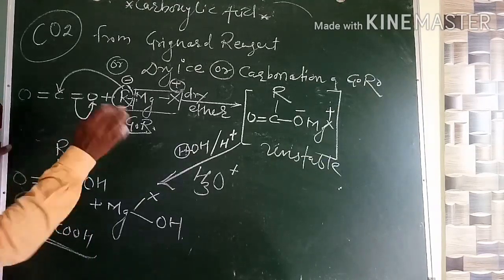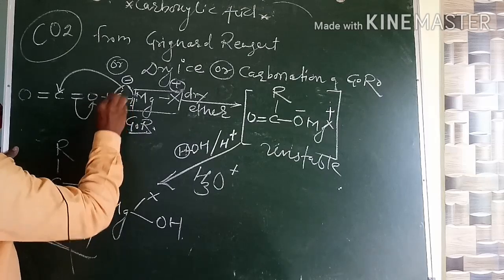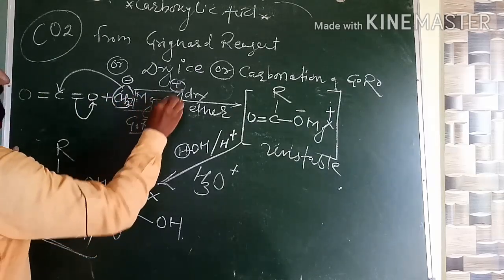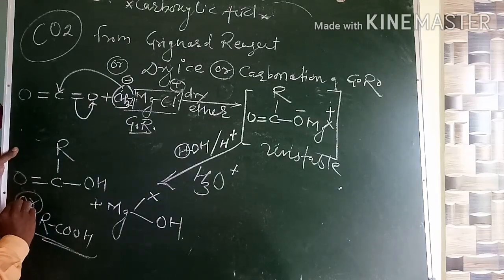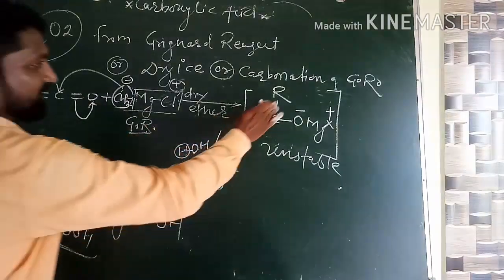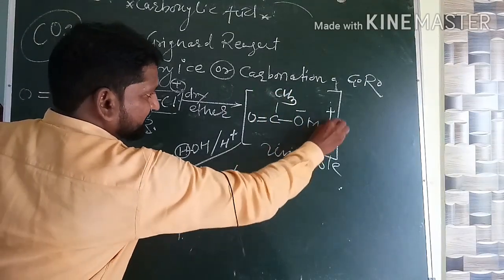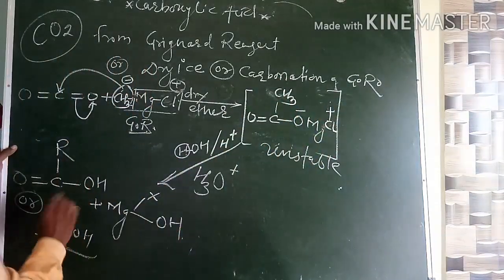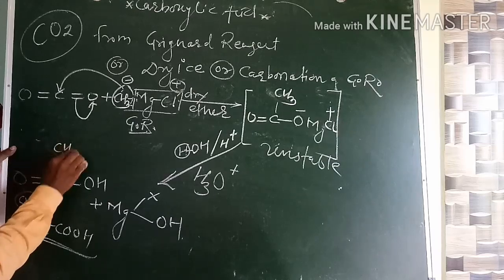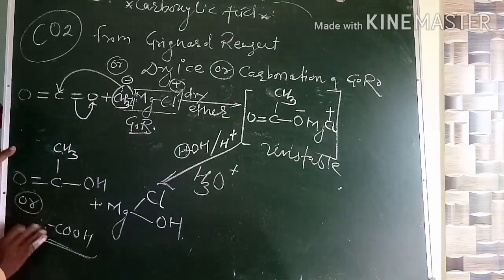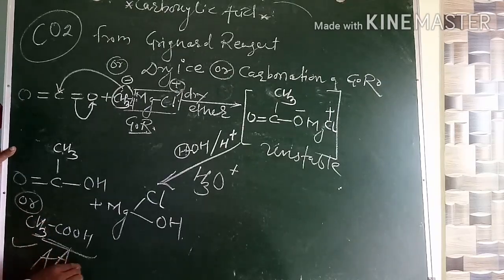Take one example. Right here, methyl magnesium chloride, here Cl. Very easy. What is this? Acetic acid.